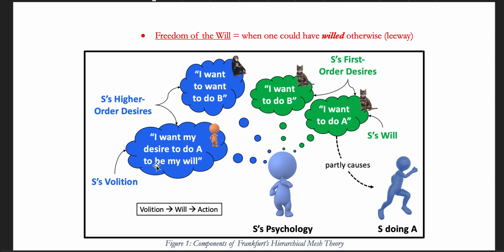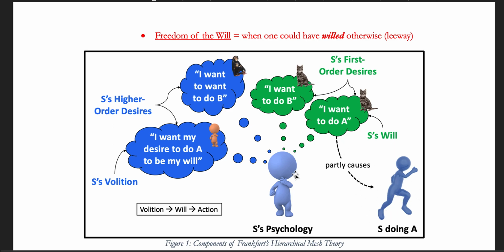But the volition, he thought, that's human. Only humans can want their desires to actually be their will, to be effective in action. And so remember, volition brings about your will, helps bring about the fact that your desire is effective, and your will is the desire that influences or helps bring about your action.